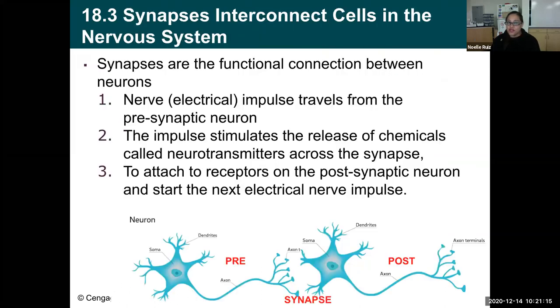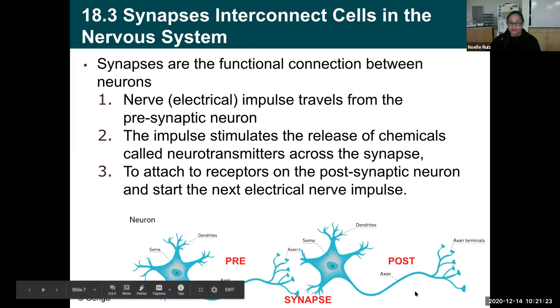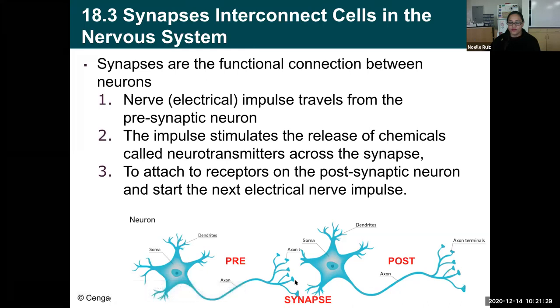Synapses are the functional connection between neurons. Neurons are the official name for a nerve cell. And you can see at the bottom, I can annotate it. The synapse is the actual space between the neurons. And then when we talk about the presynaptic neuron, that's the one before, just like when you read left to right.